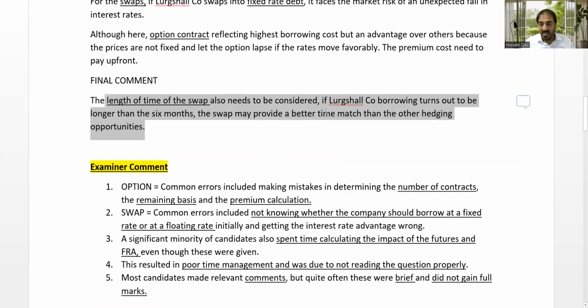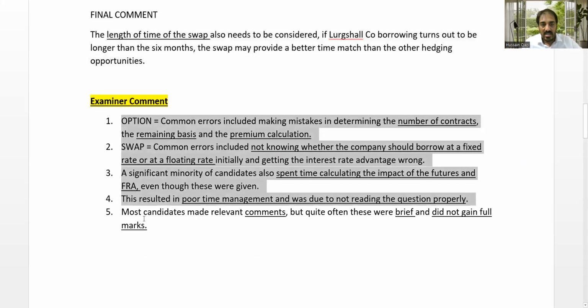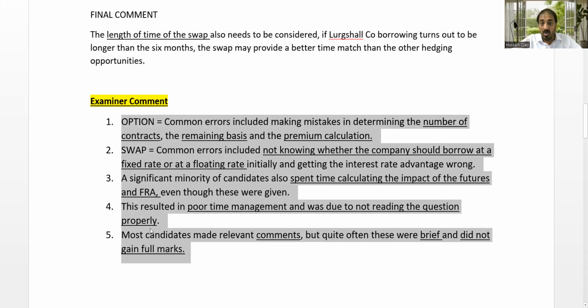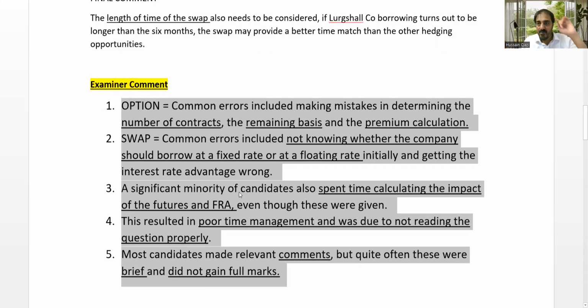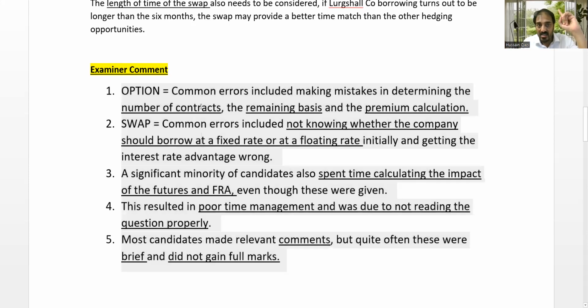At the final point, as I'm concluding, this question was originally examined in March/June 2019, when PSM was not yet introduced. PSM was introduced in September 2022.